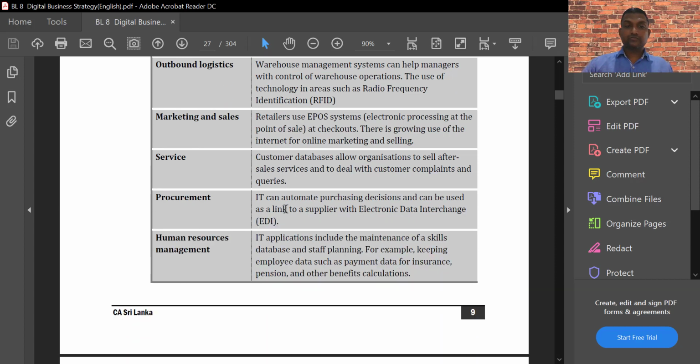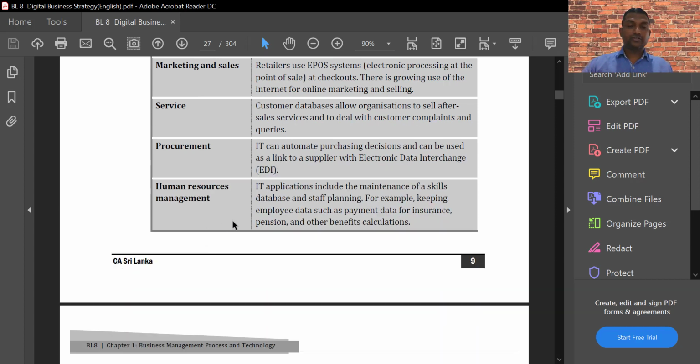If you look at the last one, human resources management, the explanation is that IT applications include the maintenance of a skills database and staff planning. IT applications can help maintain the skills database for all the employees, and this software can also help in planning for future staff requirements.